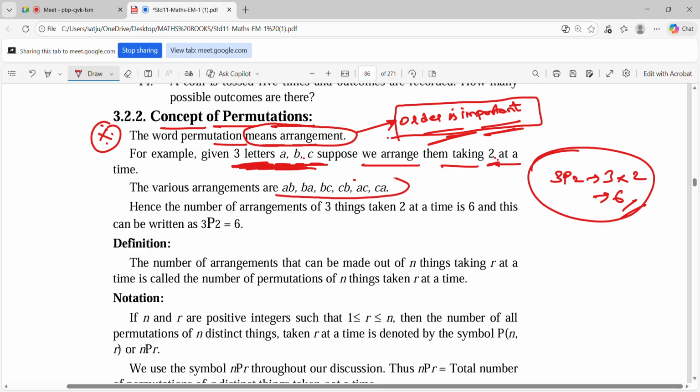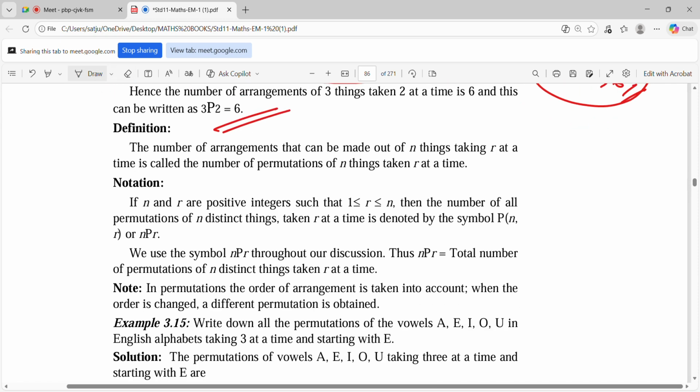Doing all this manual calculation is lengthy. Write it the simple way. That is why the definition of a permutation says: the number of arrangements that can be made out of n things, here n is 3, taking r at a time, that r here is nothing but 2, 2 at a time, is the number of permutations of n things taken r at a time.